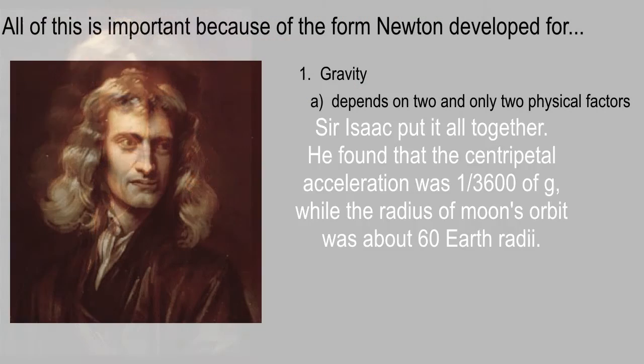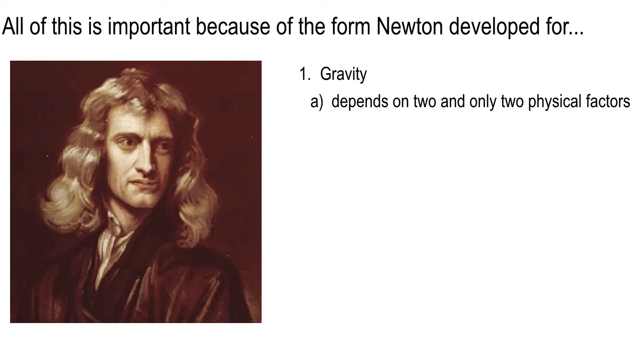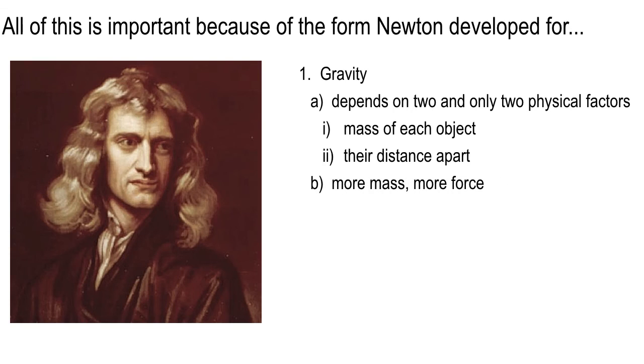So let's take a look at that. He said, I think that there are only two factors, the mass of each object and their distance apart. As Sir Isaac Newton said, the more mass, the more force. So if you have the moon and the Earth attracting each other, you have a certain amount of force.